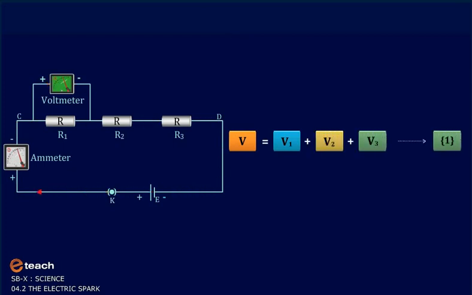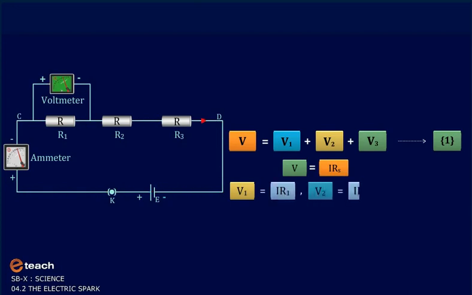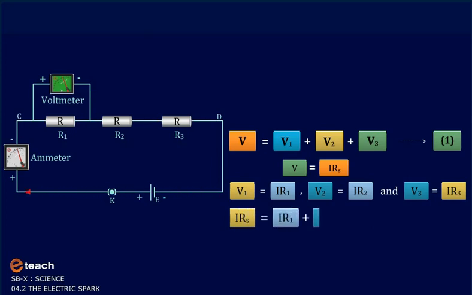But using Ohm's law, total potential difference is V is equal to IRs and V1 is equal to IR1, V2 is equal to IR2 and V3 is equal to IR3. Substituting these values in equation number 1, we get IRs is equal to IR1 plus IR2 plus IR3.